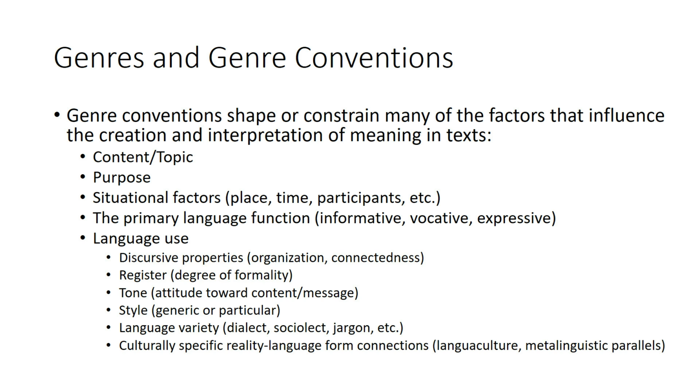Okay, and then the style. Genre conventions also determine what the overall style profile of a text is, what's appropriate, right? Should it be more of a generic, general style, or is it something specific, particular, peculiar?